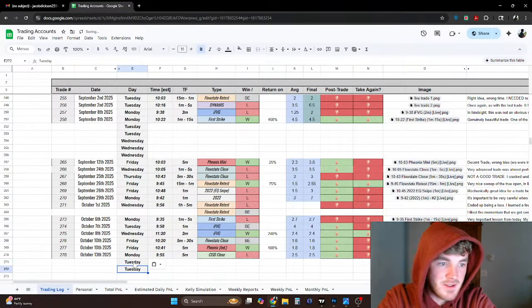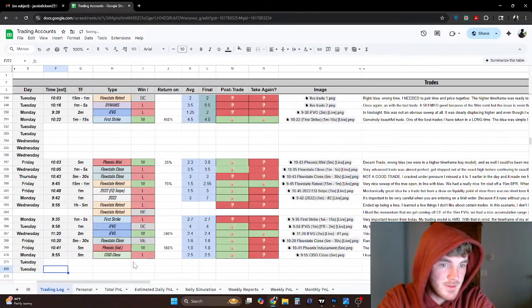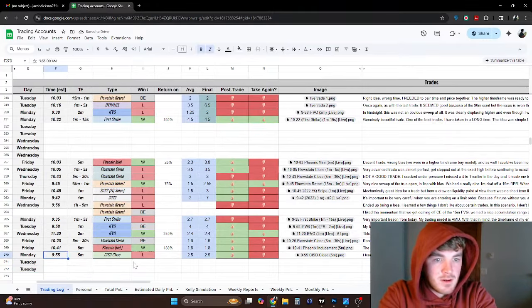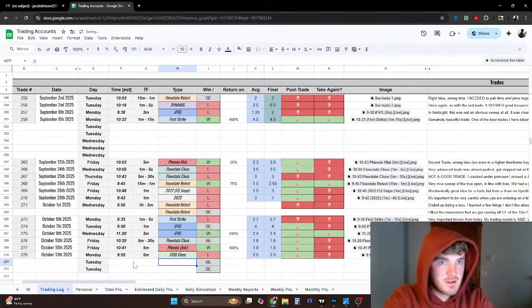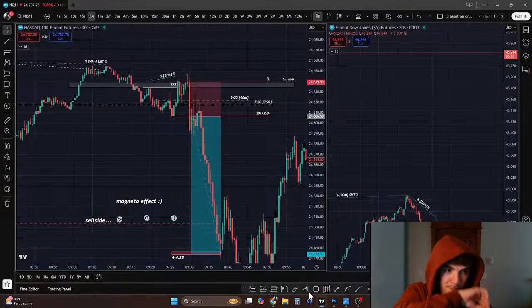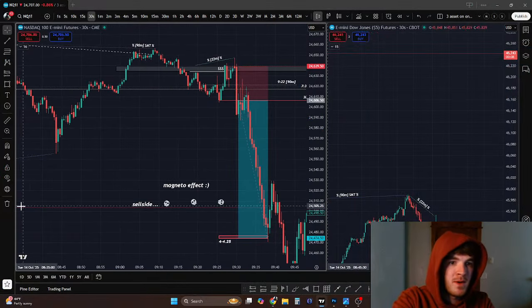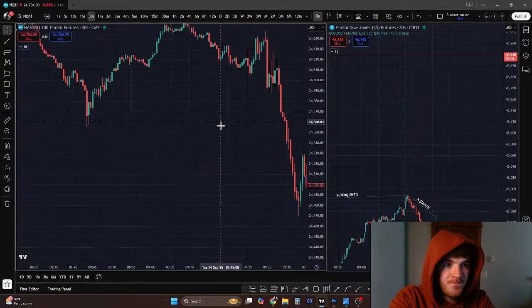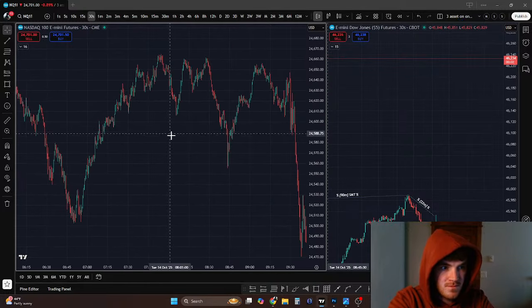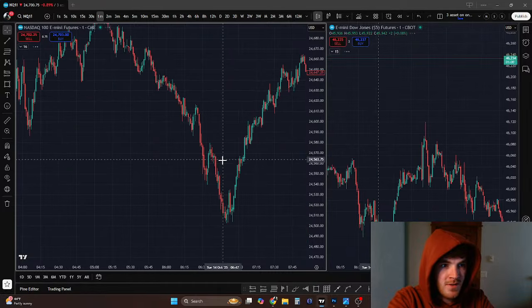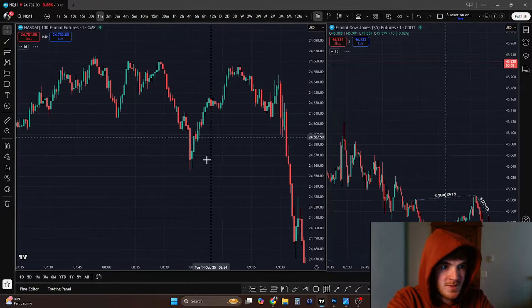So, break even. Okay, just got to get this done, even though I don't want to do it. So, the first trade I took was, we had a fair value gap that formed after we broke this high.